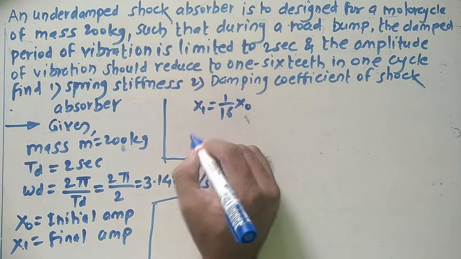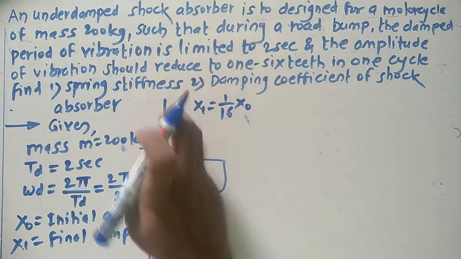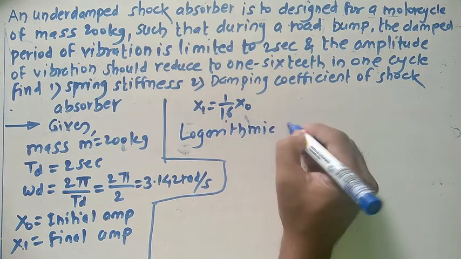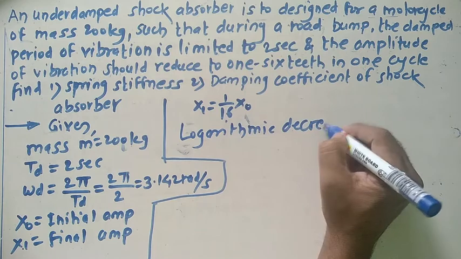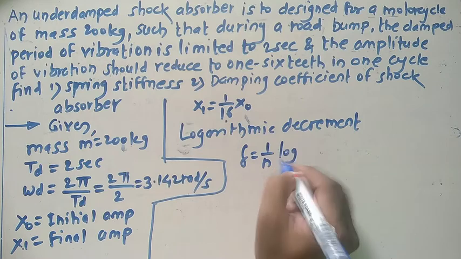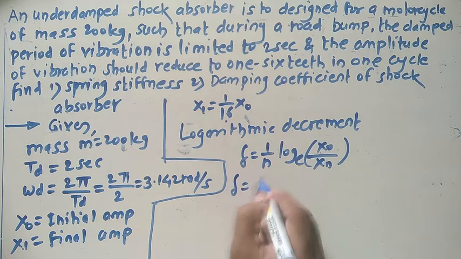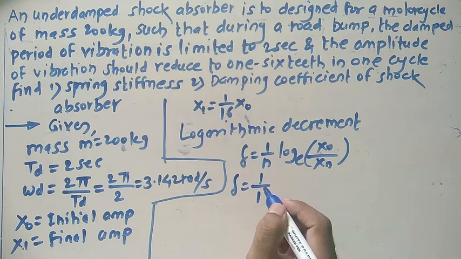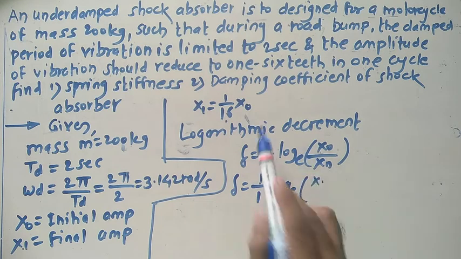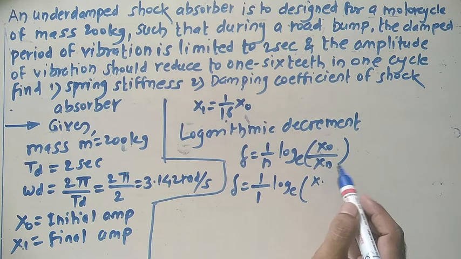So what about the logarithmic decrement delta? So delta, we know the relation. I'll just write here logarithmic decrement. Delta is nothing but 1 upon n log to the base e of x naught divided by xn. So here delta is nothing but 1 upon n, only a single cycle with us, so 1 upon 1 will come here, log to the base e of x naught by xn.